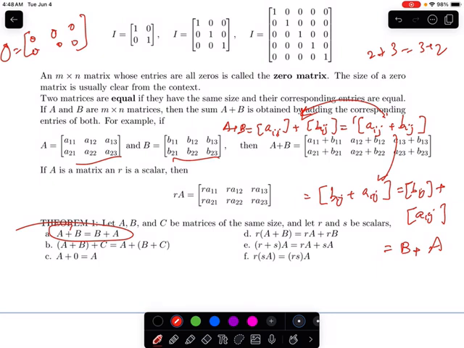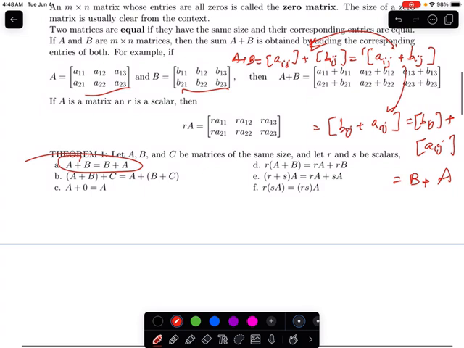So these are the properties, these are the laws that matrices obey. So when we say A plus B is equal to B plus A, this is called a commutative property or the commutative law. Again, you don't have to remember the names, but sometimes it's helpful to know the name.